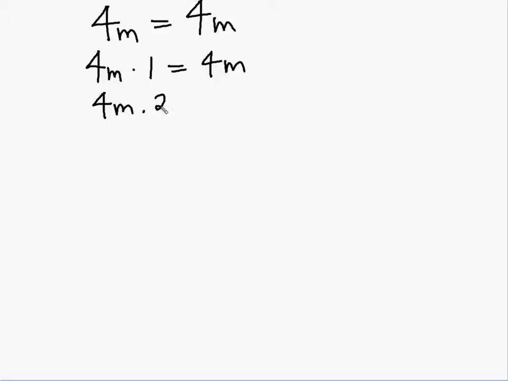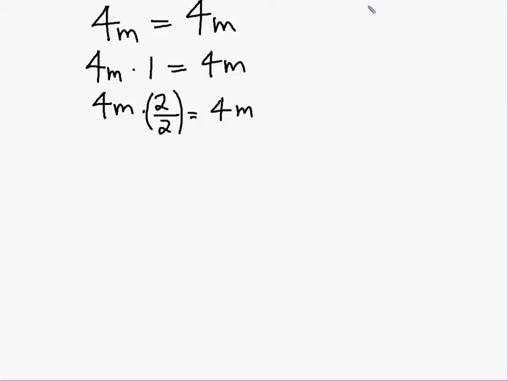I could say this might be this: 4 meters times 2 divided by 2 is still equal to 4 meters because this is equivalent to 1. And we know that any number times 1 is still the same number. I have not changed my 4 meter base value. All I've done is multiply it by 1. And as this equation shows, I still have what I started with.